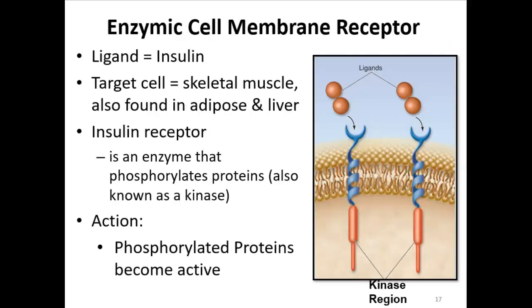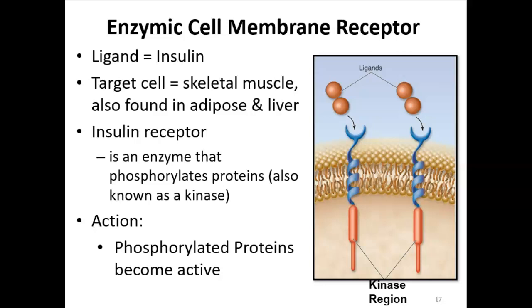Now let's look at an example of an enzymic cell membrane receptor. This occurs as your body is trying to lower blood glucose. And so I chose the ligand insulin, which many of us are familiar with.